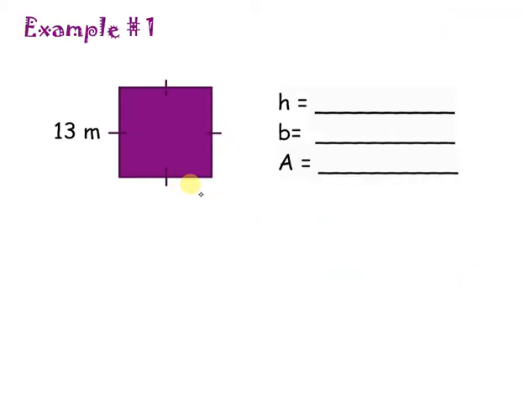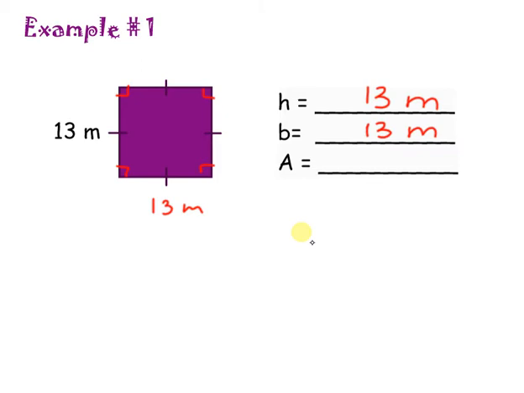Okay, so let's work our way right into examples. All right, so here we have a square, and we know it's a square because we have these right angles that we talked about here, and all 4 sides are congruent, meaning that they're equal. So I know here that my height is 13 meters, and since it's a square, my base is also 13 meters.